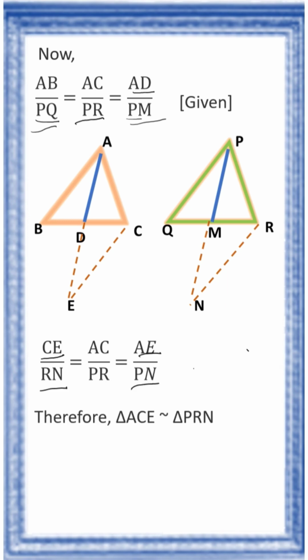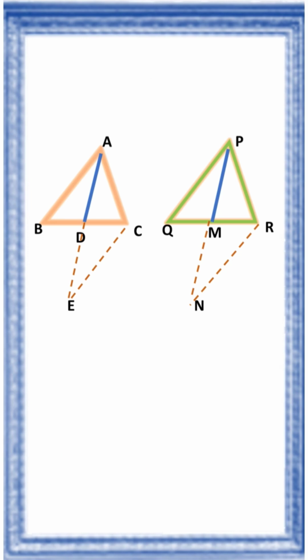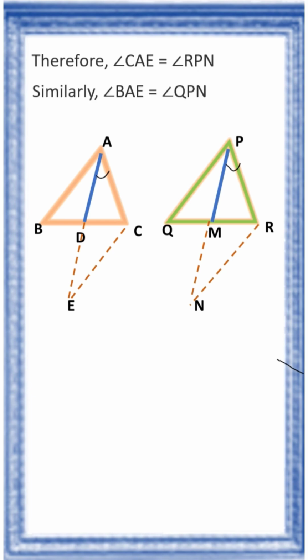Therefore, triangle ACE is similar to triangle PRN. Why? Because of SSS similarity criterion. Therefore, angle CAE is equal to angle RPN. Similarly, angle BAE is equal to angle QPN.